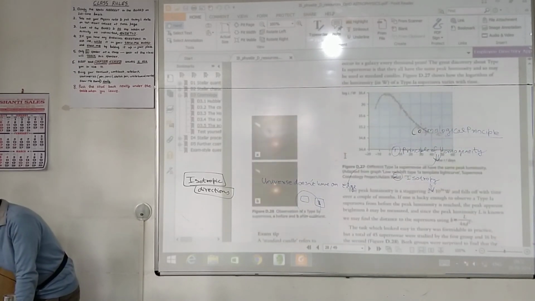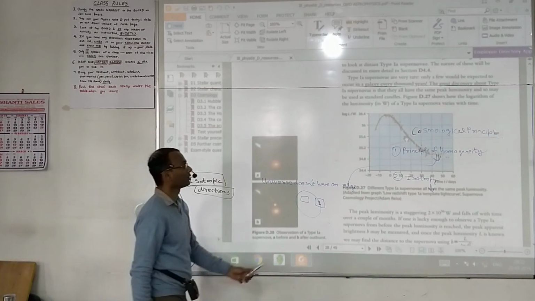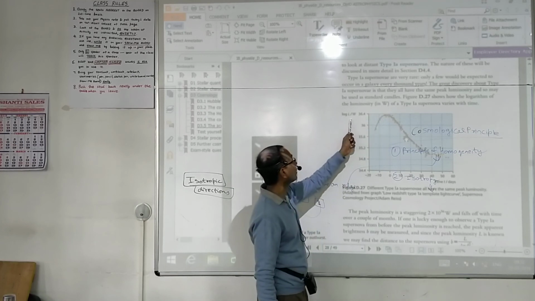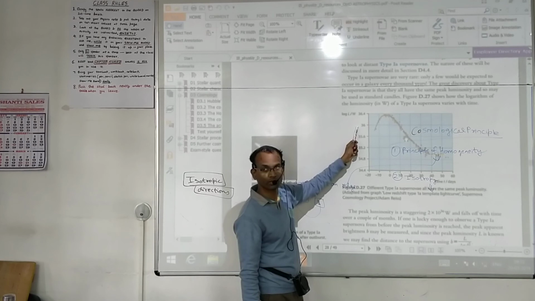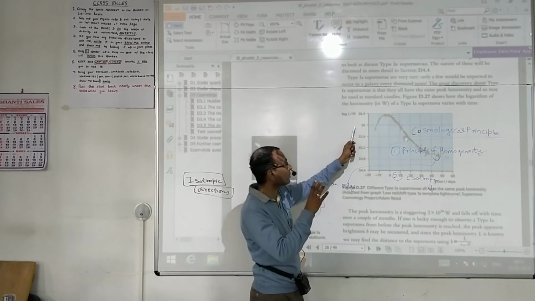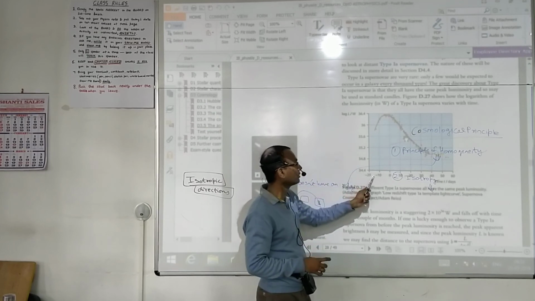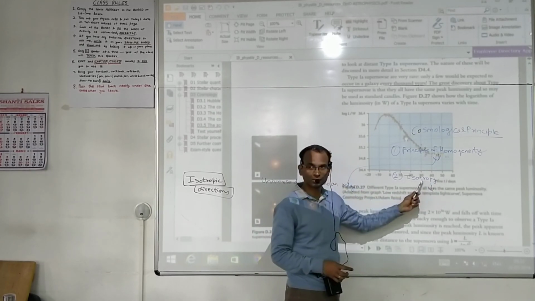Redshift is done. This is the supernova 1a. The peak luminosity is plotted on a log graph because it varies over many orders of magnitude, so to compress it we use a log scale for the vertical axis, and this is time in days. You can see it goes up to 60 days, 2 months.